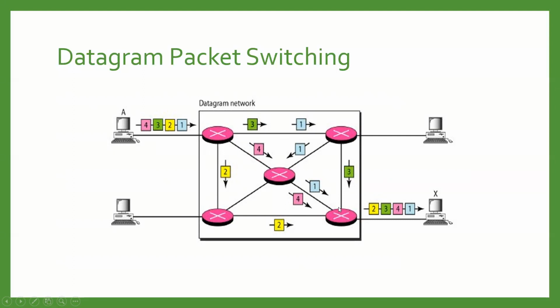So that means every individual datagram may be transmitted by using different links, or it may be possible that they use the same link. The path will be decided by the intermediary node, depending upon the current situation, the current traffic of the network.